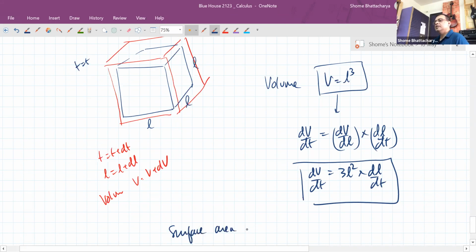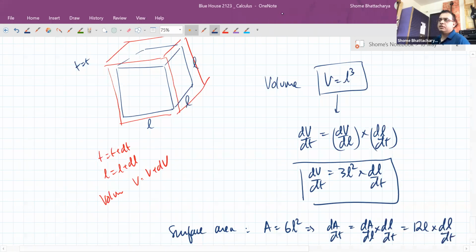Surface area, let's say A, would have been 6L square. So if the rate of change of surface area had been asked, the answer would have become 12L into dl by dt. And now you just substitute the data which is given and you can get the answer.